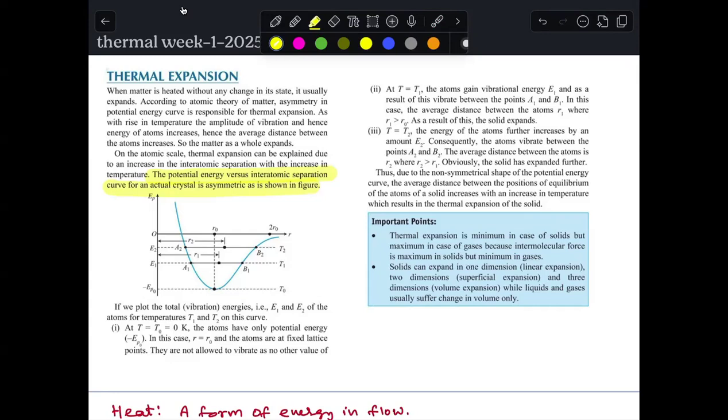Solids will have three types of expansion. Solids' expansion can be classified into three types: linear expansion, which is in one dimension, superficial expansion, which is in two dimensions, and volume expansion, which is in three dimensions. Here we are dealing with isotropic materials only.